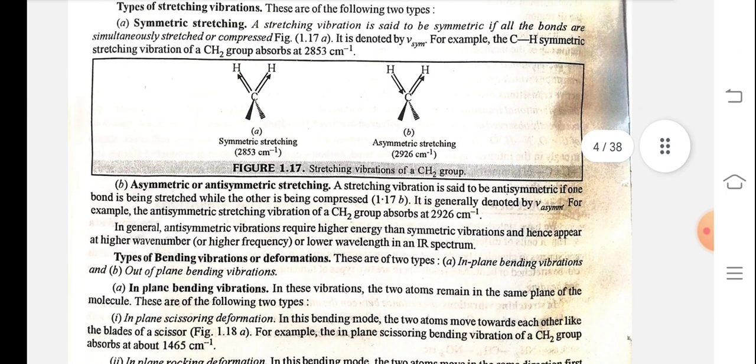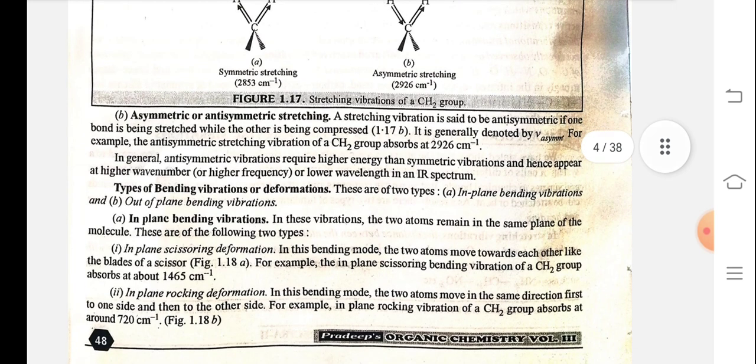Asymmetric or antisymmetric stretching. A stretching vibration is said to be antisymmetric if one bond is being stretched while the other is being compressed. It is generally denoted by ν asymmetric. For example, the antisymmetric stretching vibration of a CH2 group absorbs at 2926 cm inverse.